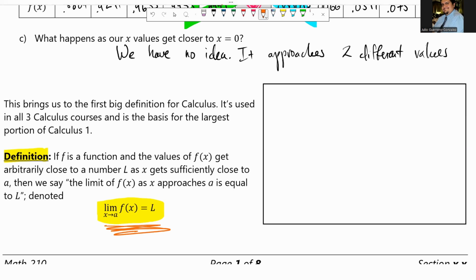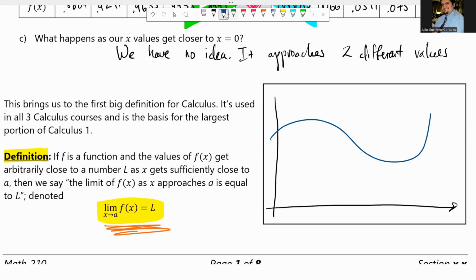So essentially what we're doing is, let me go ahead and draw. Let's say this is our function. Whoa, I can't make it do a sharp turn like that, but there we go. Suppose that's our f of x. And right here, this is our a.